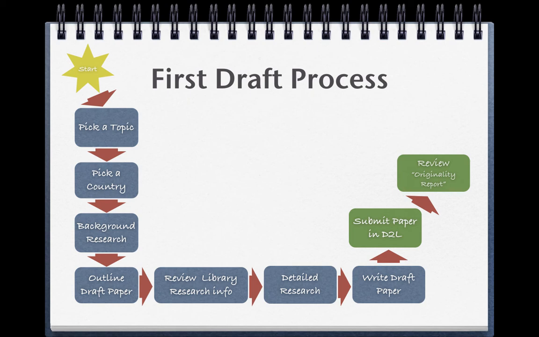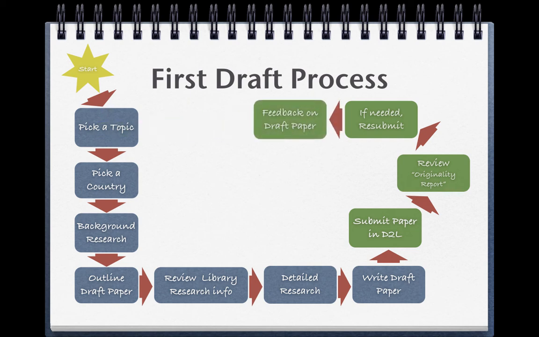It is very important that you go back after submitting the paper and look at that originality report to make sure that compared to resources available online, this paper of yours does not have problems with academic honesty and copyright issues. So if there are significant problems, you need to make those corrections and resubmit the paper a second time.